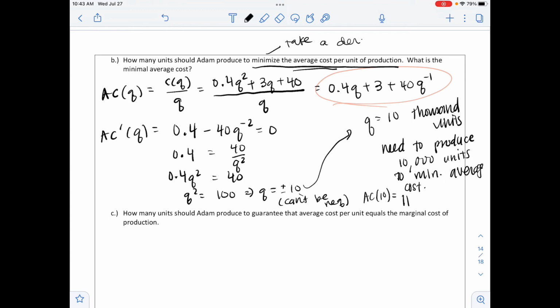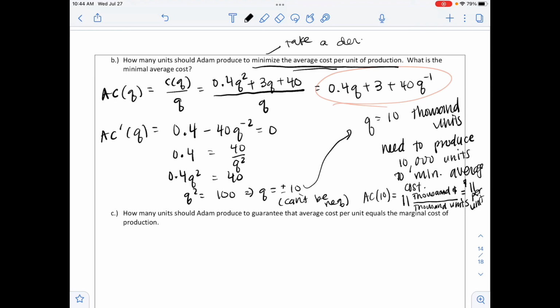Our cost was in thousands of dollars, so $1,000 over 1,000 units. This works out to just being $11 per unit, since those thousands would reduce out. So the average cost that we would have would be $11 per unit.